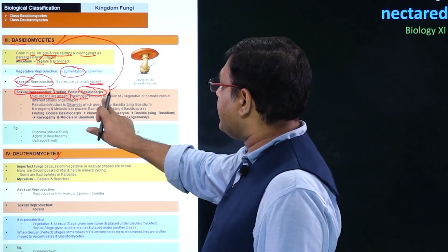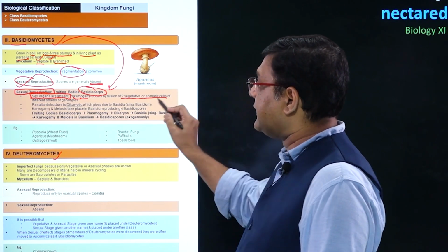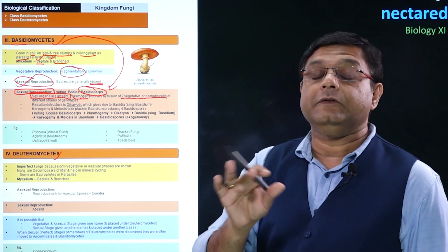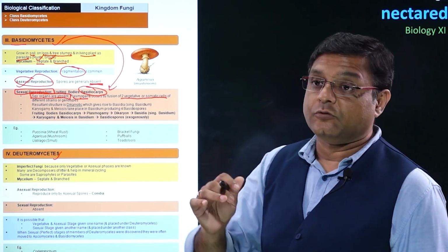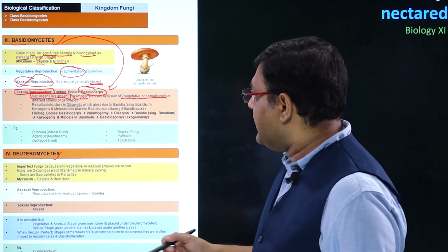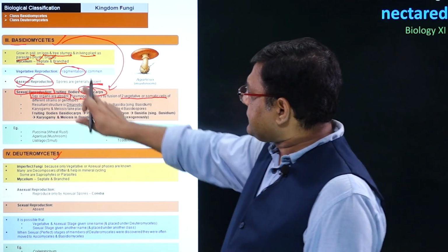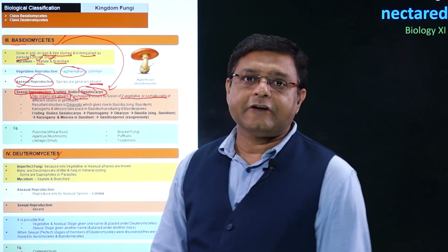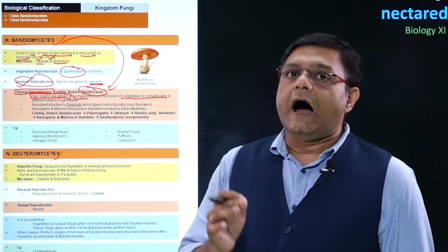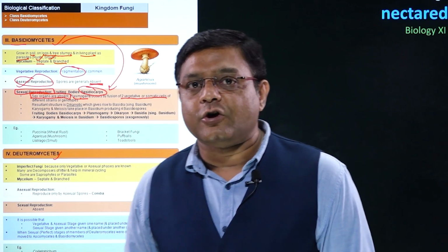Plasmogamy will occur by the fusion of two vegetative or somatic cells, but these should be of different strains or genotypes. So, one works as male and the other works as female. Now, since we are talking about class Basidiomycetes, after plasmogamy immediate fusion of nuclei will not occur.